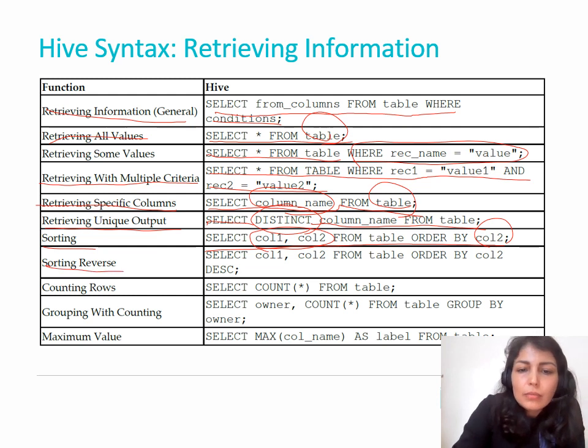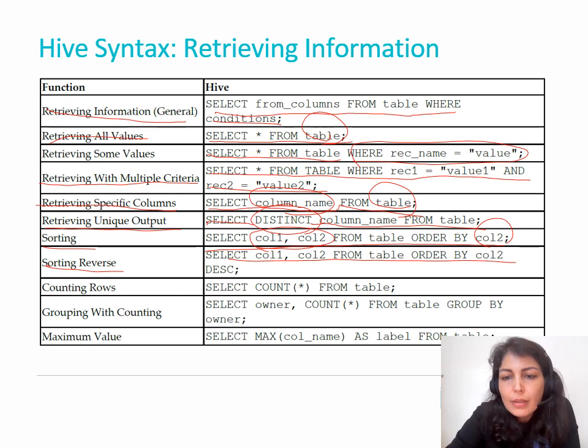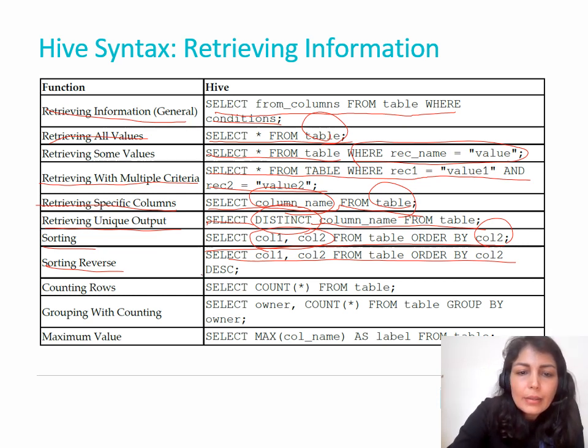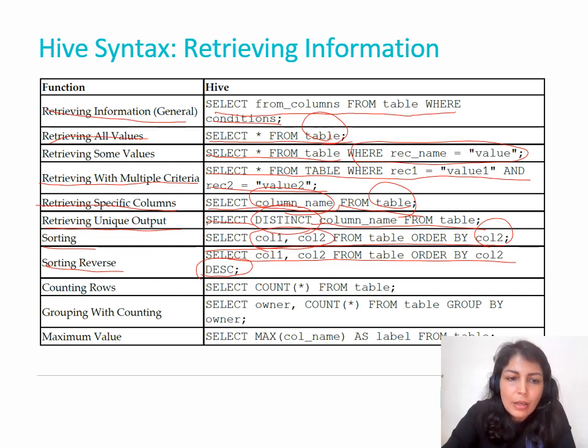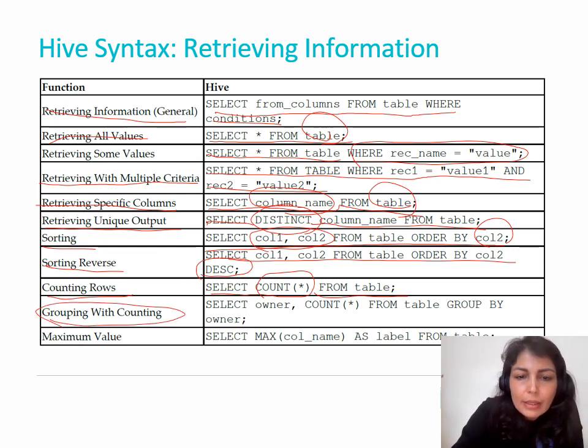Sorting reverse, again, similarly, you can order it, but at the end you have descending. It's a kind of reverse sorting. Counting rows, so you can select count star, which counts the records from the table. Grouping with counting together. So we had this example.